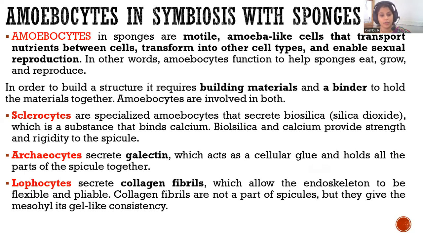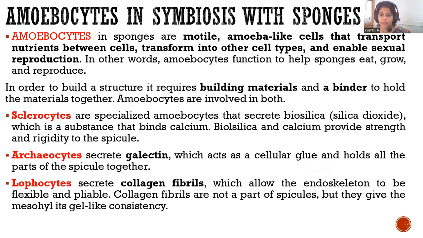Archaeocytes are the ones which produce galactid. This is a glue-like, moist, jelly-like substance secreted by a special type of amoebozoids, which helps in holding the spicules together, or all the parts of the sea sponges together.